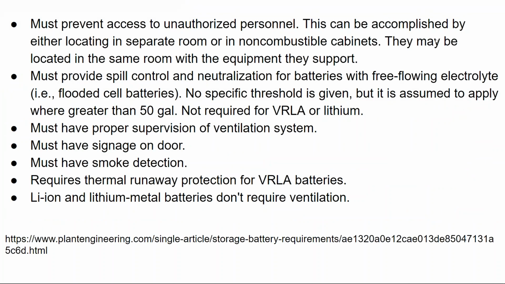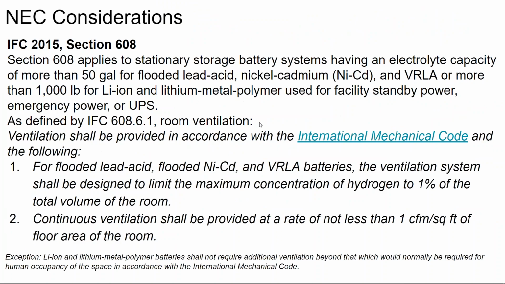UPS is an uninterruptible power supply. And then VRLA is valve regulated lead acid, which is almost like an unsealed lead acid, but they put a cap over the top of it, which basically has the goal of preventing water vapor from coming out of the batteries and letting that drip back down into the batteries.